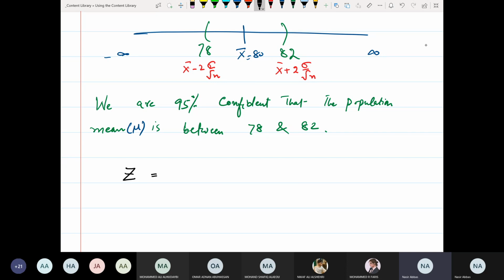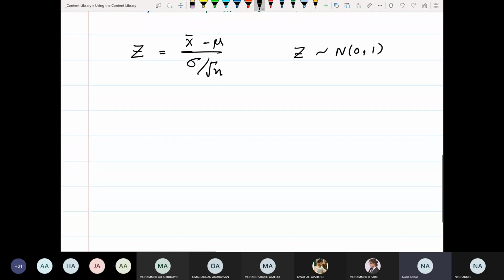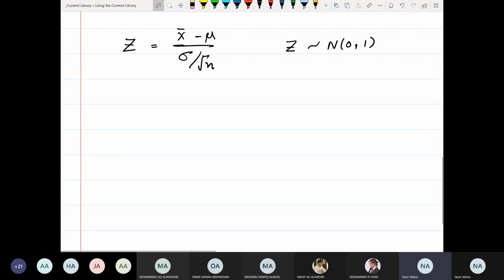It comes from this z. The sampling distribution of x bar is where z follows a normal distribution with mean 0 and variance 1. That is the sampling distribution of x bar. So if you are interested in mu here, you solve this equation for mu and see what happens. Solve this equation for mu and you get what?